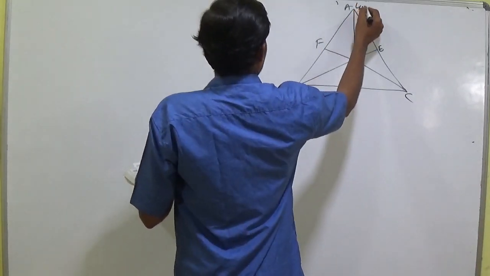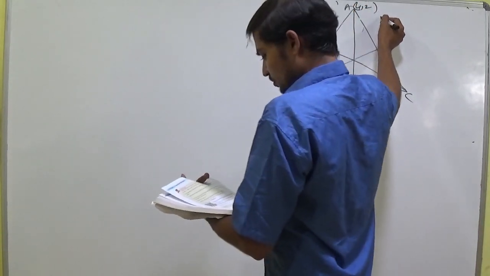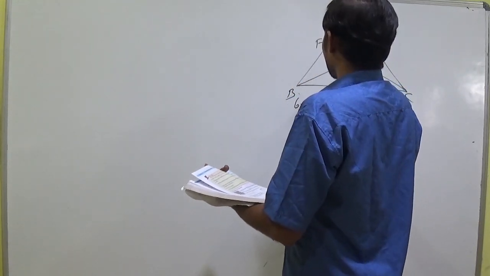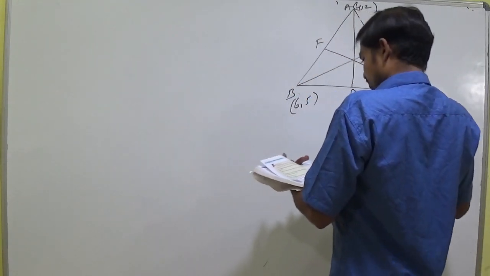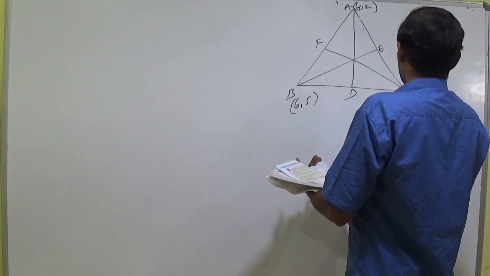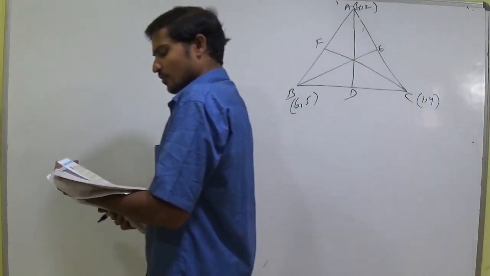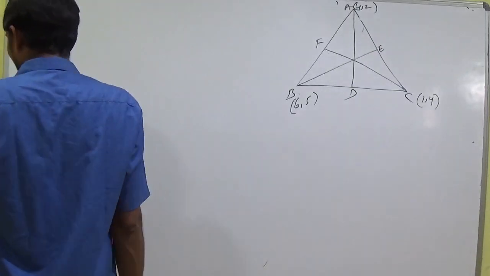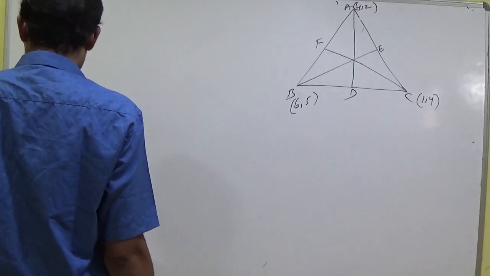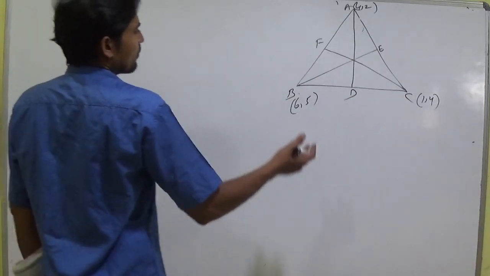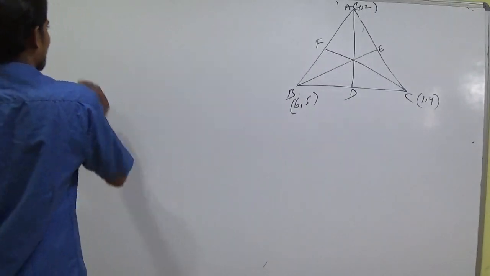A (4, 2), B (6, 5), C (1, 4). The median from A meets BC at D. Find the coordinates of point D. So D is the midpoint of BC.